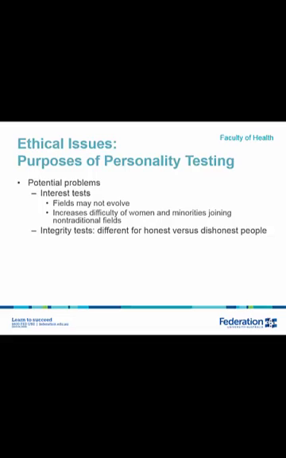Another type of personality test that's used particularly by employers for personnel selection is an integrity test. This type of test typically measures traits aligned with conscientiousness, which has been shown to predict pretty good job performance across many fields. These tests sometimes ask questions about past dishonest behaviours. So, for example, have you ever made a personal phone call at work?